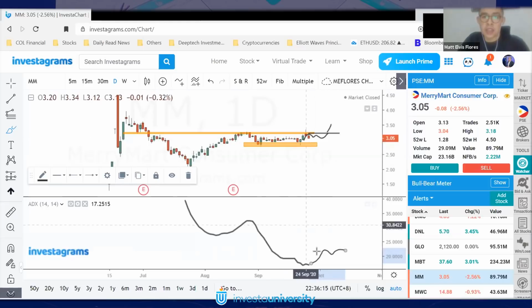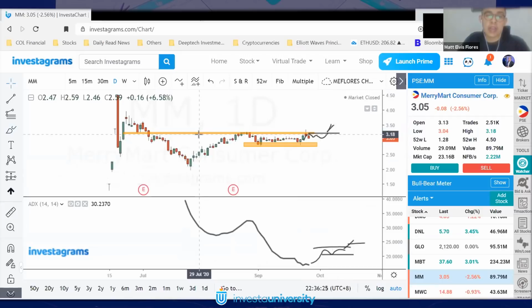Di ba? Nagsa-sideways dyan at that level. And then once nag-pick up to 20 level, may potential sumabayan sa breakout netong resistance level na yan. Again, application of your classical technical analysis. Breakout, your ADX breakout also, and then your 25 level ADX will shoot up also.